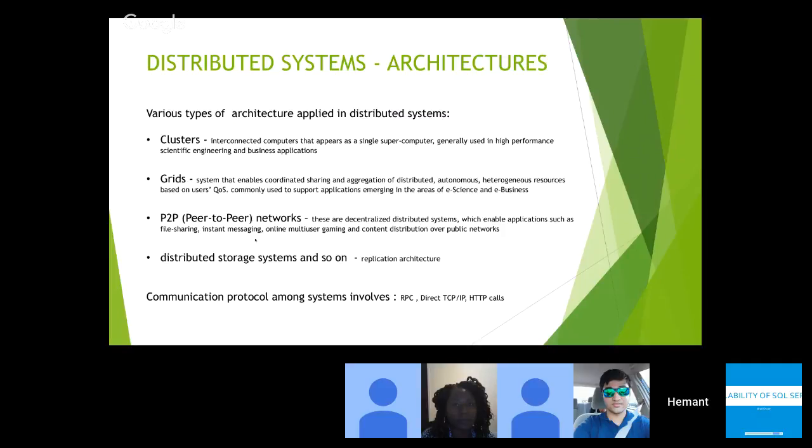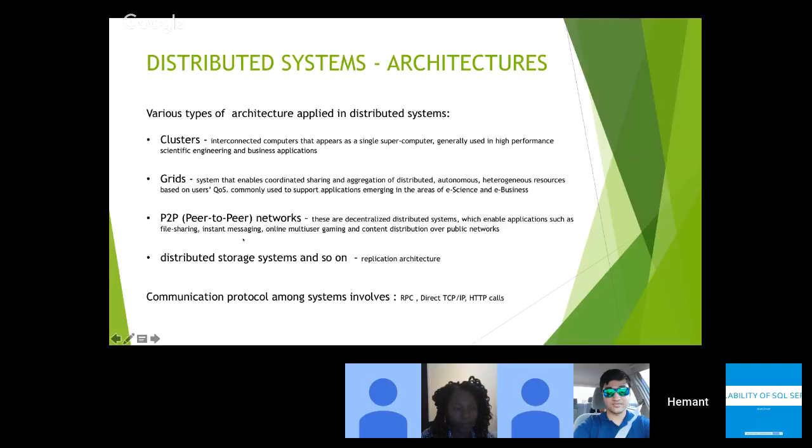I don't know whether we support that in big data or not, but mostly what we support in big data systems is grid type architectures. Basically, there's coordinated sharing and aggregation of distributed, autonomous, and heterogeneous resources. That will be of more interest for us when we look at big data architectures for a distributed system.